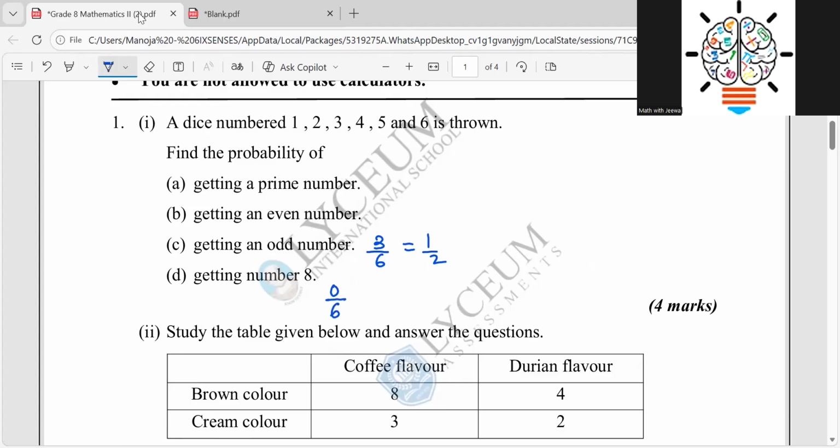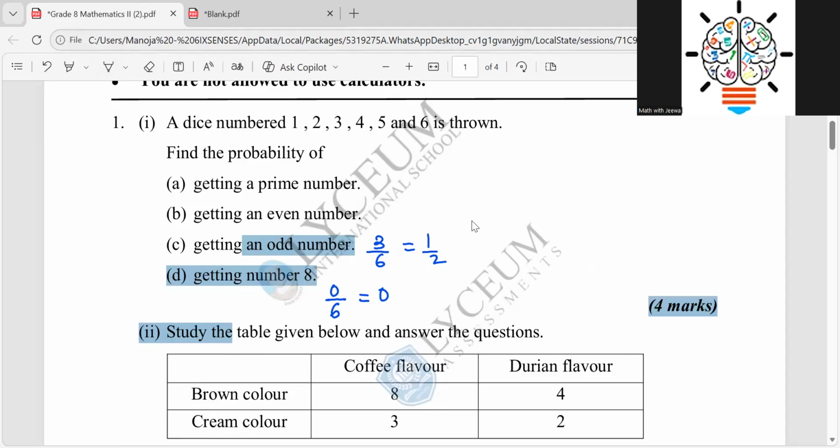Out of the 6 chances, seeing the number 8 is 0. When you're presenting your answer, you can write it as 0 chances out of 6, so it is 0. Right? Then the next one.